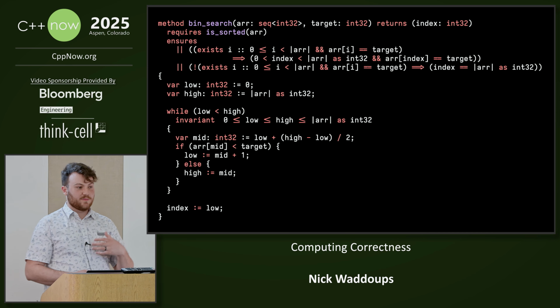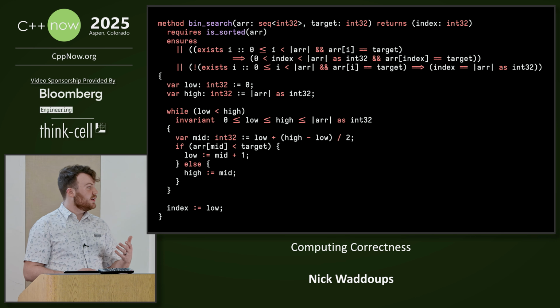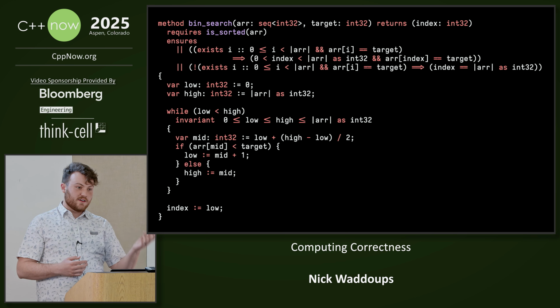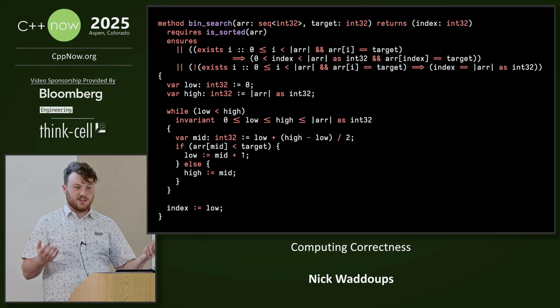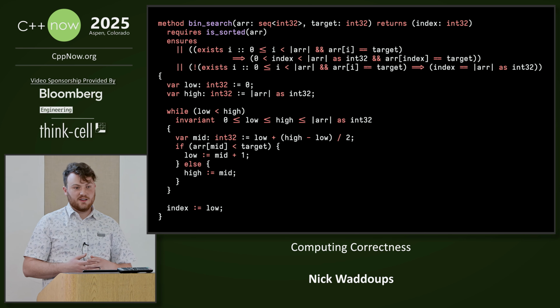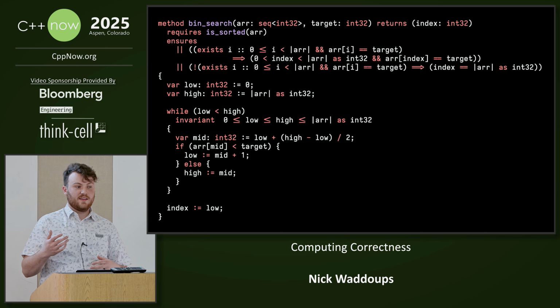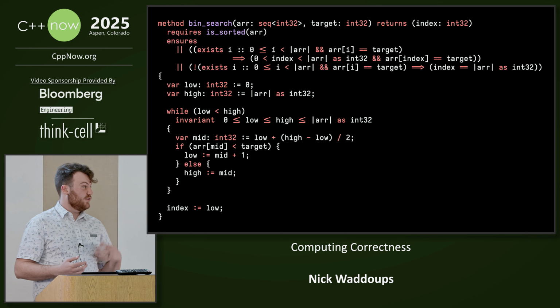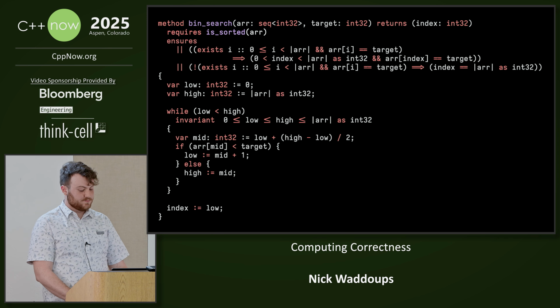The way you introduce pre and post conditions in Dafny is after you declare the function, you can either put requires clauses, which indicate a precondition or an assumption that you make over this function, or you can add an ensures clause, which is a postcondition that Dafny will check should hold. And if it doesn't hold, it will give you an error.